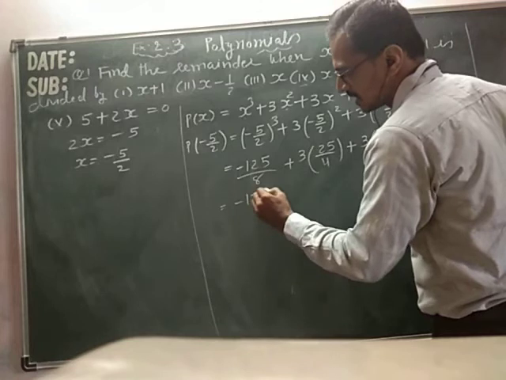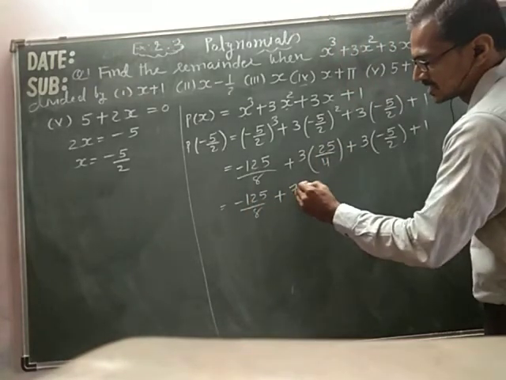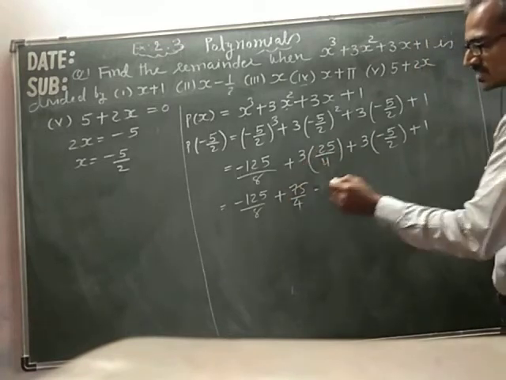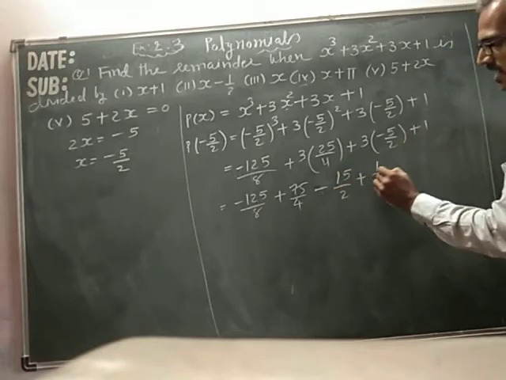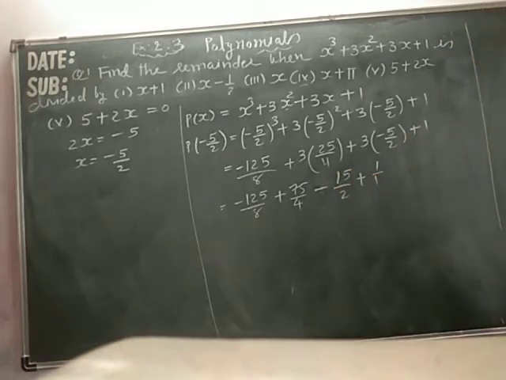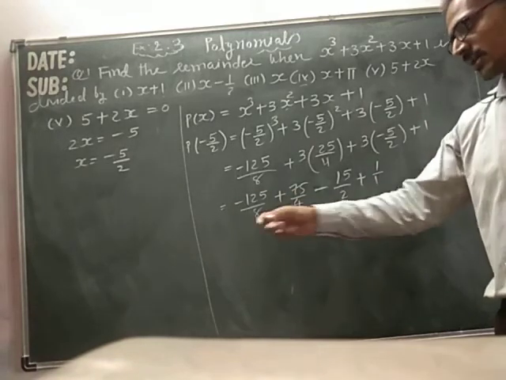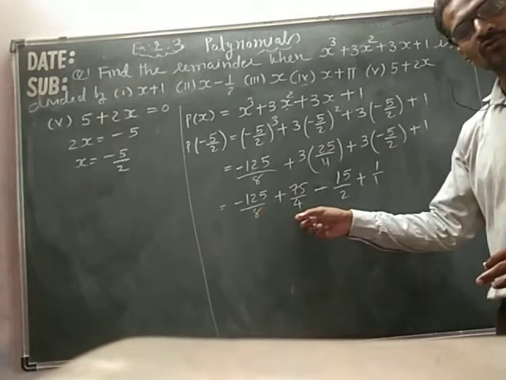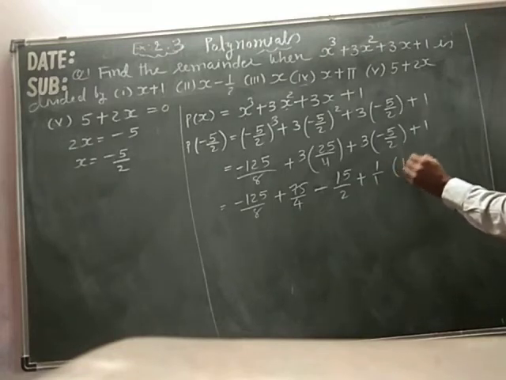So minus 125 by 8 plus 3 times 25, 75 by 4, plus minus 3 times 5, 15 by 2, plus 1 by 1. As in the previous sum I explained, take the greater number, 8, and check whether it comes in the table of all the numbers. 8 ones are 8, 4 twos are 8, 2 fours are 8, 1 eight is 8. So our LCM will be 8.